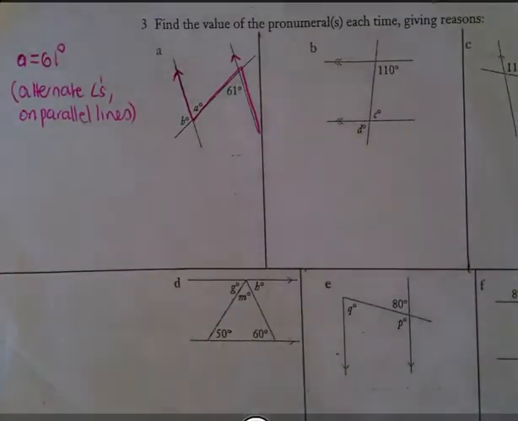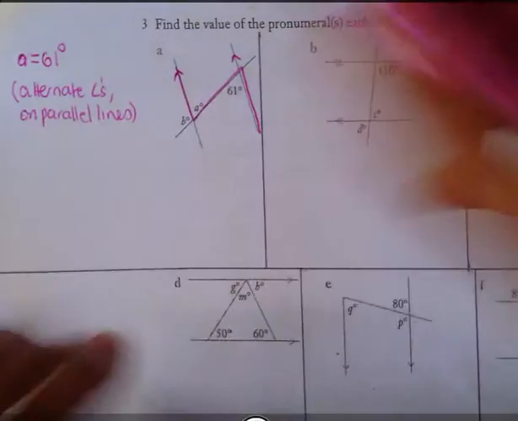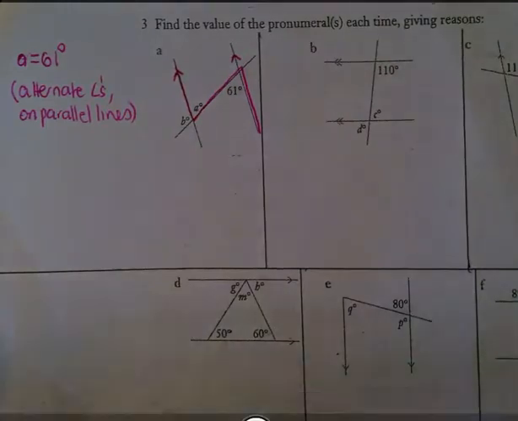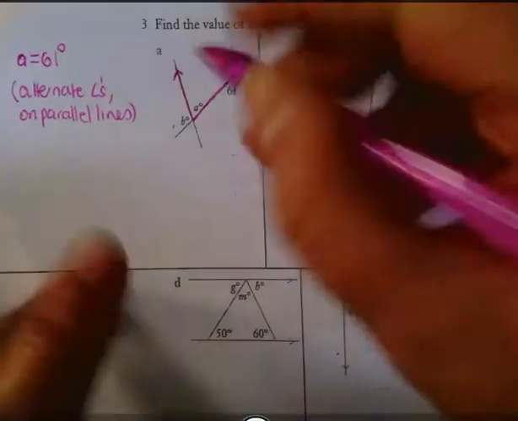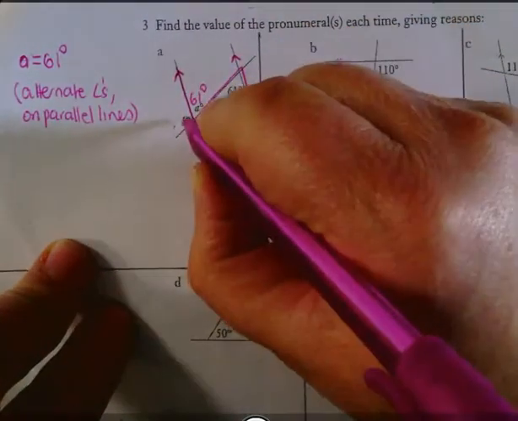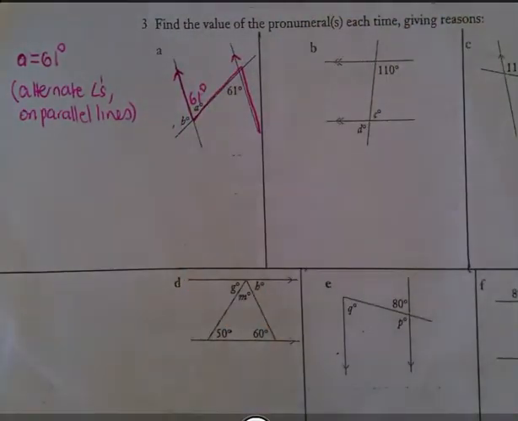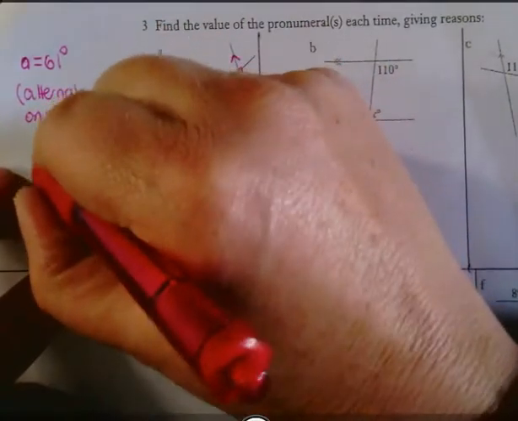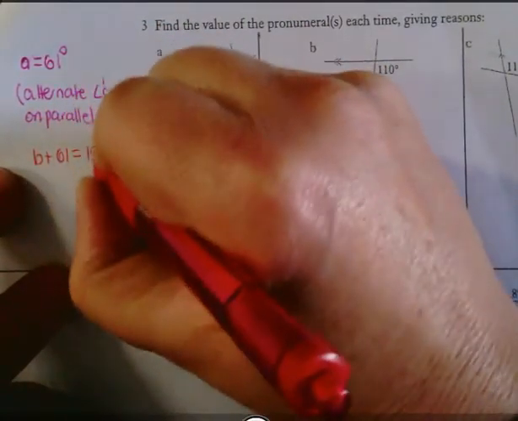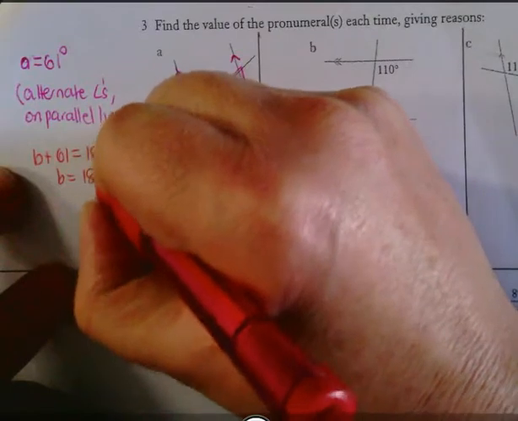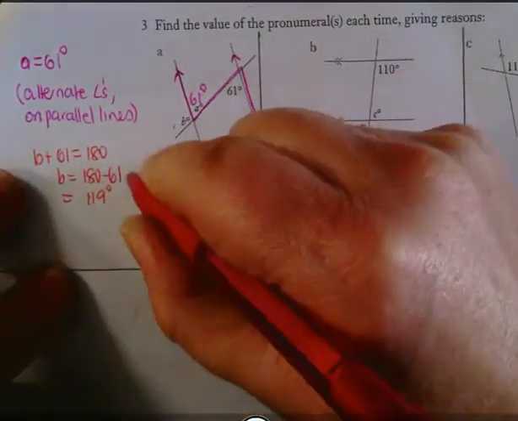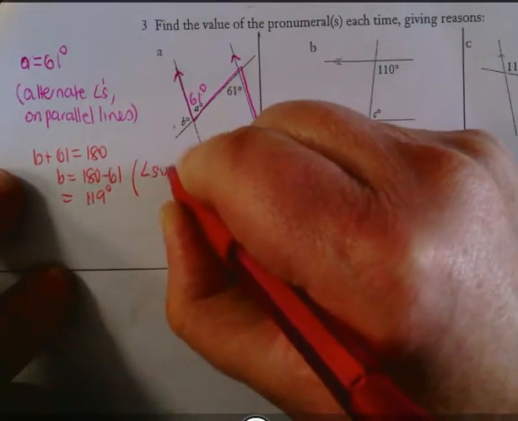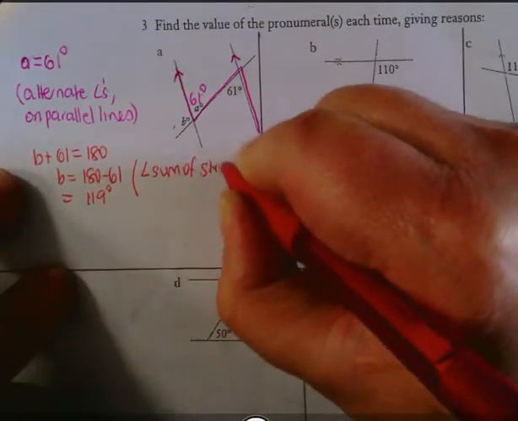Okay, and now once we know that A is 61, we can see that B and A form a straight line. So we know that B plus 61 is 180 degrees, or B is 180 minus 61, which is 119 degrees, and the reason for that is angle sum of straight line.